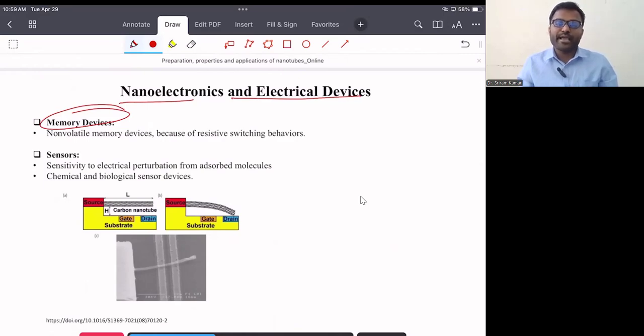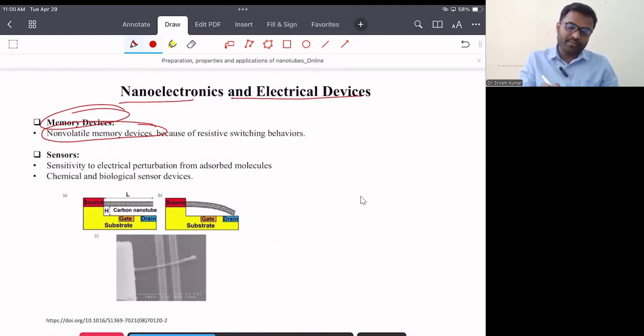Till now we have had silicon-based semiconductor materials in memory devices, but they are volatile in nature, and their working principle and performance get affected at different temperatures, or by stress and strain. However, if we make memory devices based on carbon nanotubes, these are nonvolatile materials.